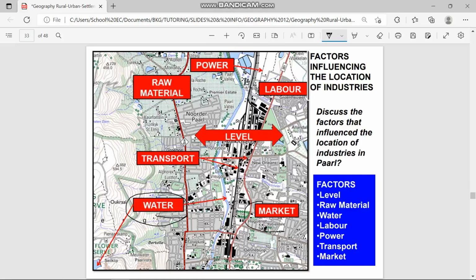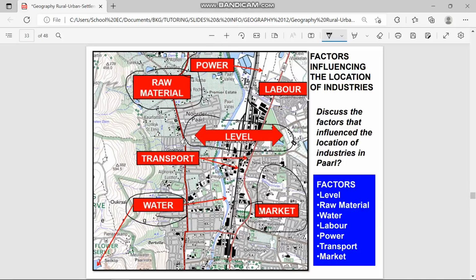Market for delivery, so it is easy for the markets to take the products from your industry. Level land, not a steep slope. Raw materials: it's around a farm, around cultivated lands on this map, so it's easy, for instance, to take maize to manufacture in this industry.